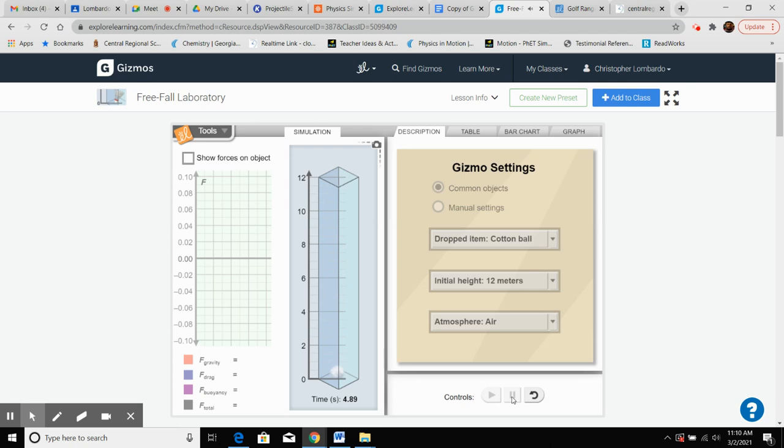So the mass, the lighter object, which is the lighter object of those 2? Cotton ball. But it traveled slower. Well, that doesn't make sense.